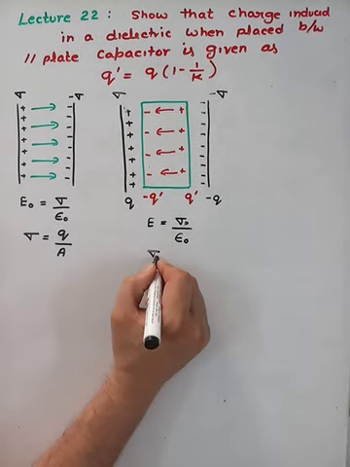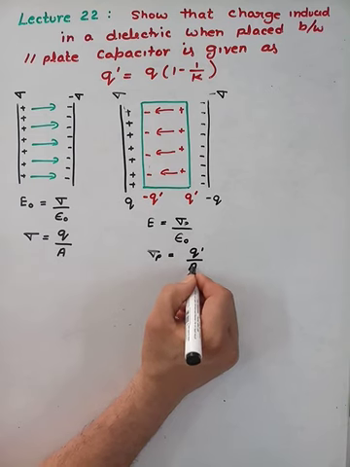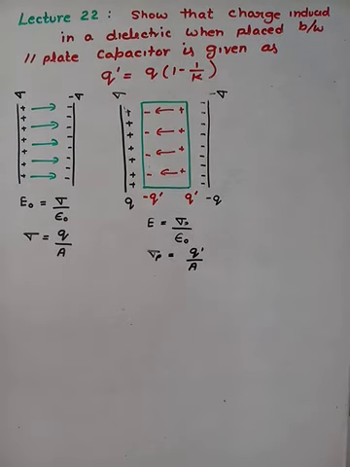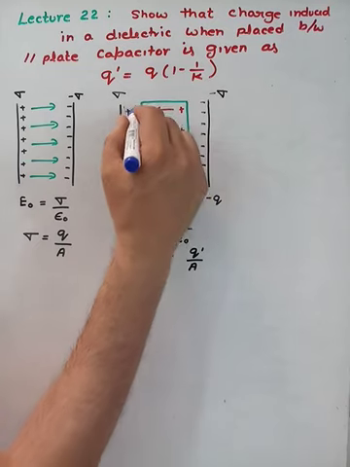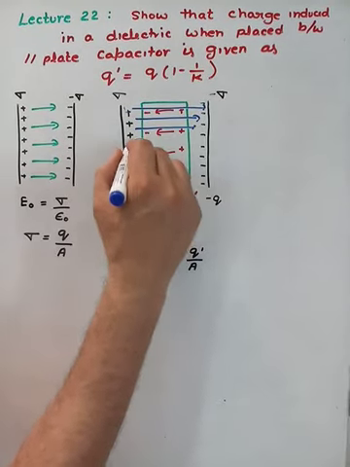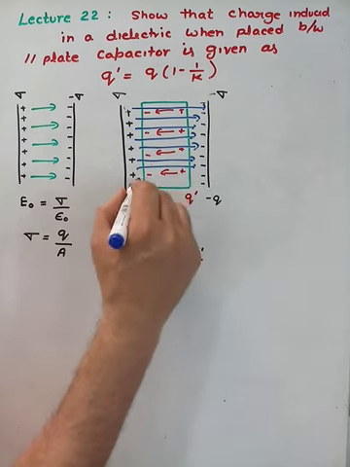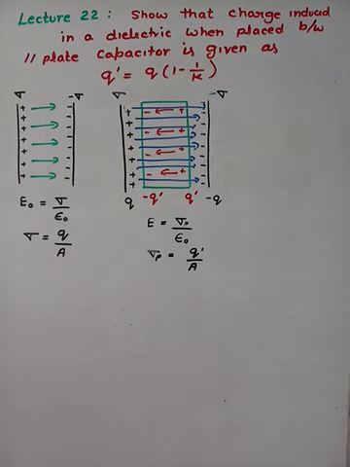Sigma P is Q dash upon A. Now there is a field. This field is in free space, shown like this.